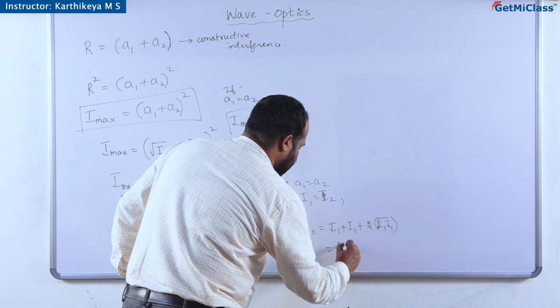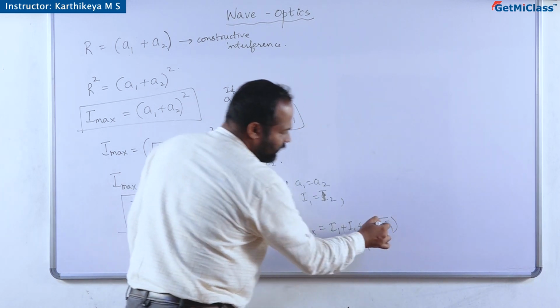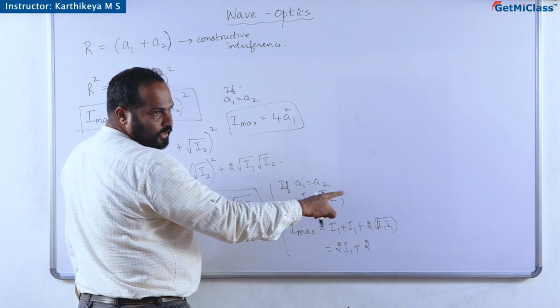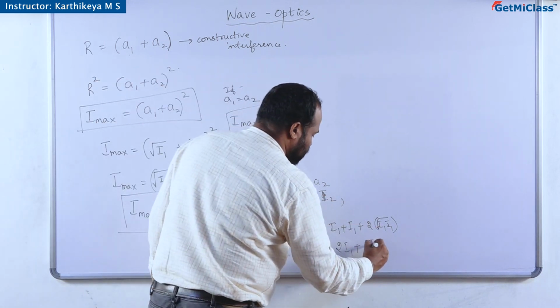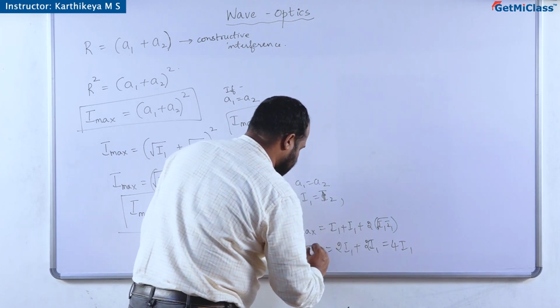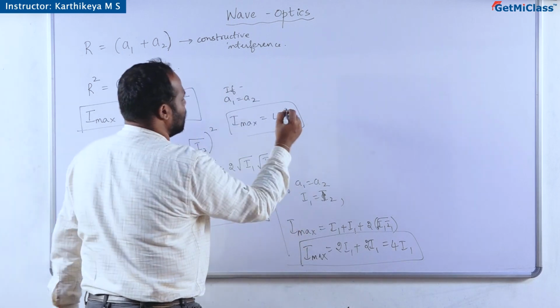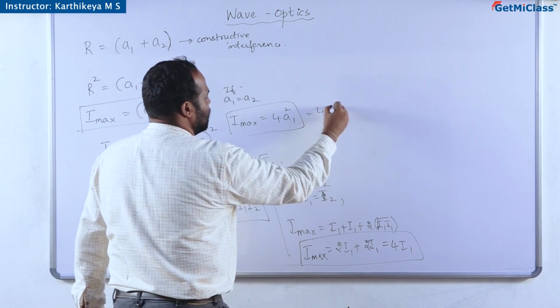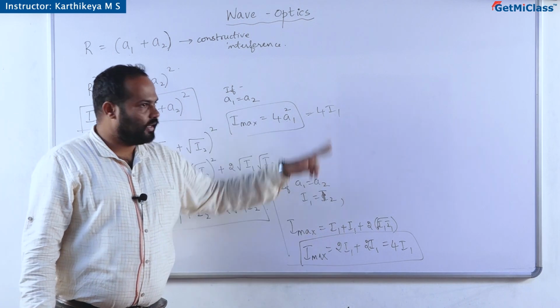So it will be 2 I1 plus 2 I1, since inside the root, when they multiply they become I1 squared and come out. So it is 4 I1 is the intensity, which can be directly seen here also, which is A1 squared is 4 I1, so they can be interlinked.